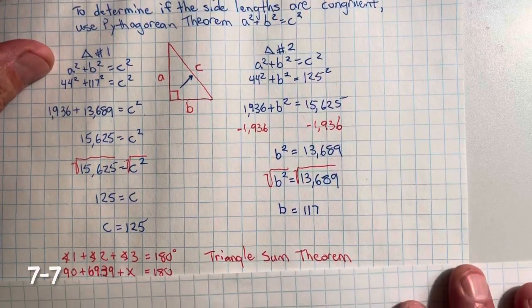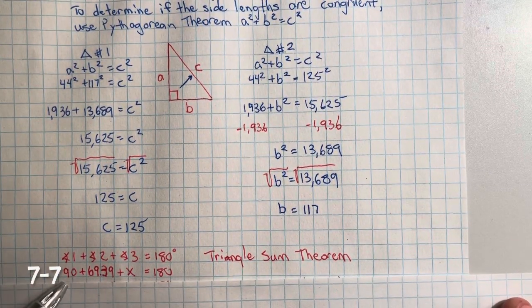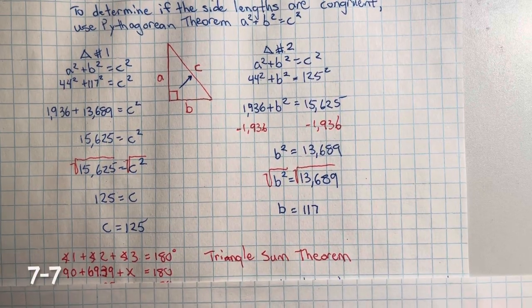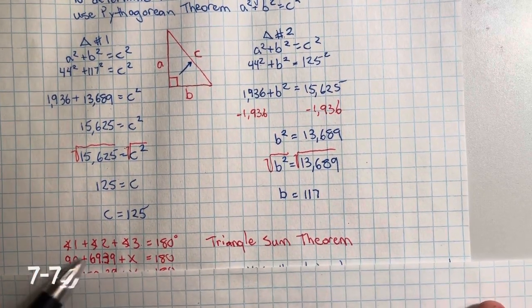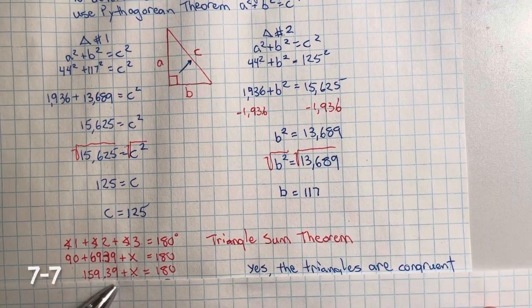I have those three here. So we have the right angle, which is 90, 69.39 plus x equals 180. And we solve for x. We add these two terms, which gives 159.39.